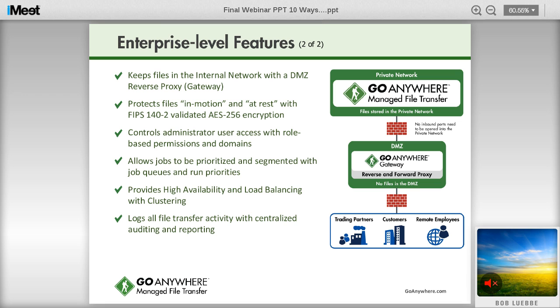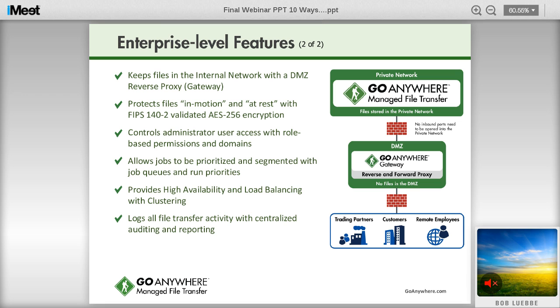And a lot of shops will typically put their files out in their DMZ for their trading partners to pick up, but your DMZ area is your most vulnerable area of your network, most prone to attack. So a lot of companies are looking to put those files into the private network. With the gateway, you don't have to store any files in your DMZ. All those files can stay safe and sound in that private network area.